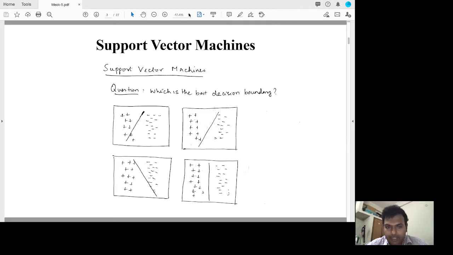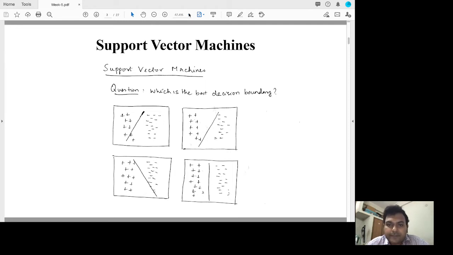Yes. Okay, so the question that we are trying to answer in SVM is, suppose you have two classes. First of all, SVM can be used for both classification as well as for regression, but mostly it is used for classification, and therefore in most cases it is motivated from the classification setting.